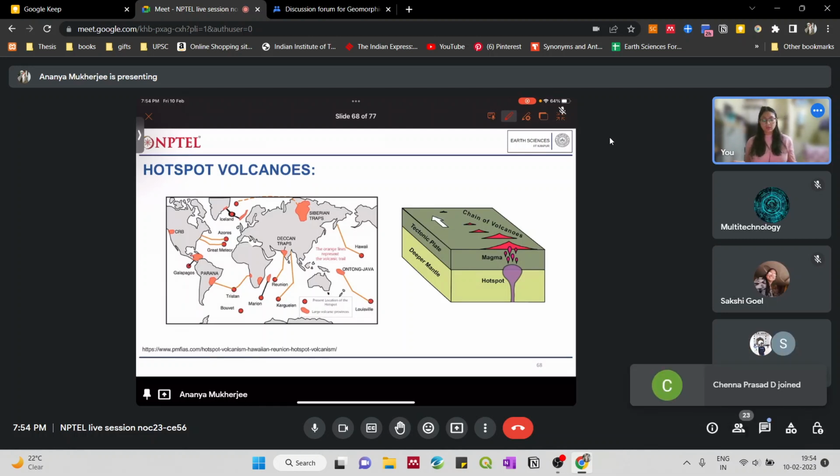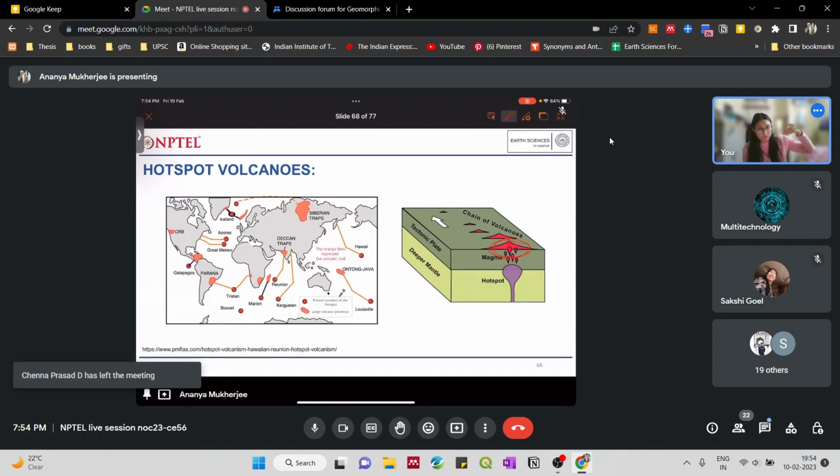Why? Over here you see that right now this volcano is active. So you have an active volcano here, but if you find a linear relationship between different other seamounts, you can suggest that this was where the first hotspot activity took place.